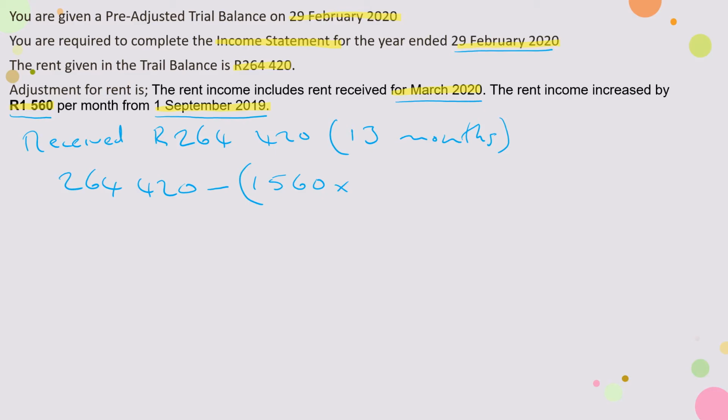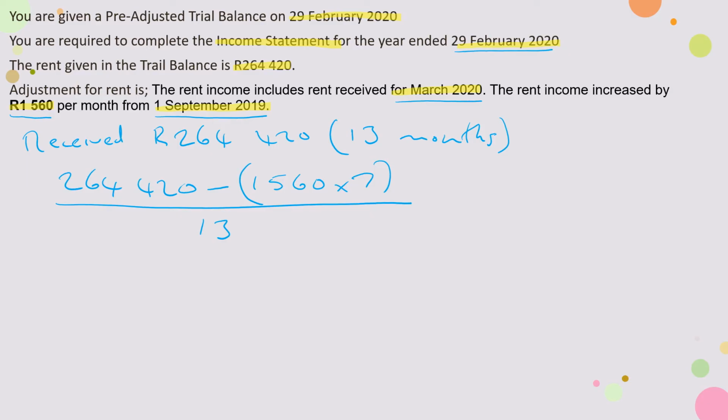That's September, October, November, December, January, February, March, times 7. All this is divided by 13 months. Remember, the total amount was received for 13 months.